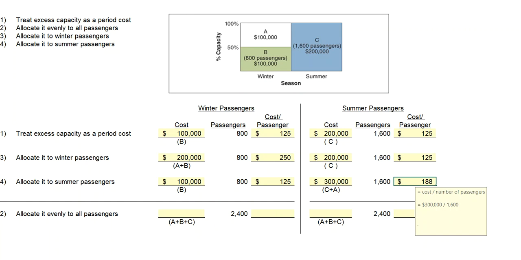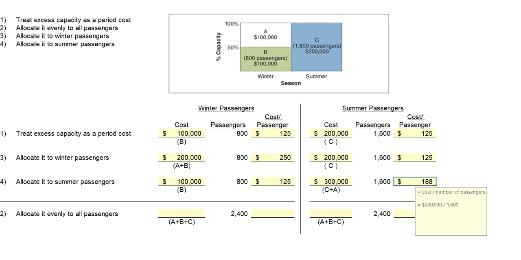This would give us probably more of an ideal situation where we're going to have lower ticket prices in the winter and higher ticket prices in the summer. And again, that's if we're using cost as a basis for setting our product prices.